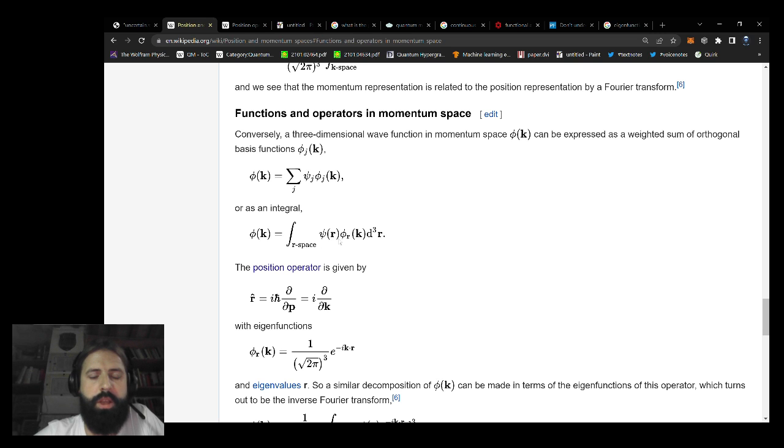It's basically the wave function in position space. And so what we're doing is multiplying each of the eigenfunctions of the position operator. Not the position, but this should be the momentum operator, right? I don't get it.